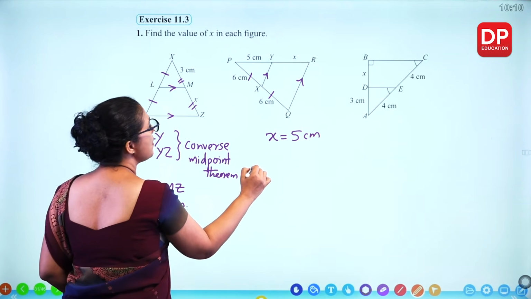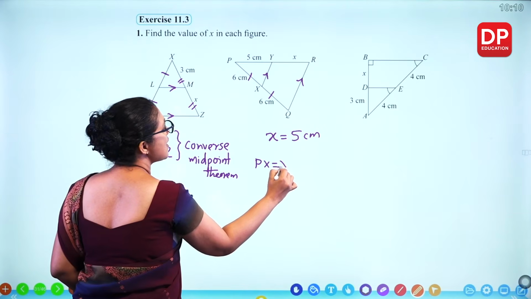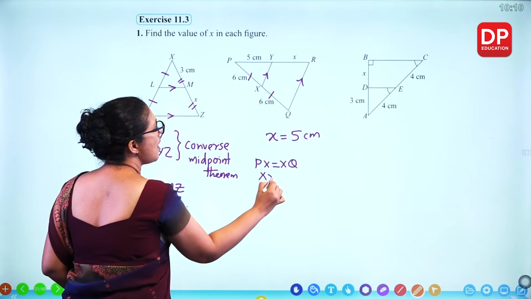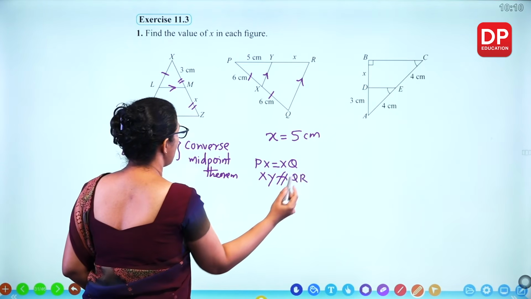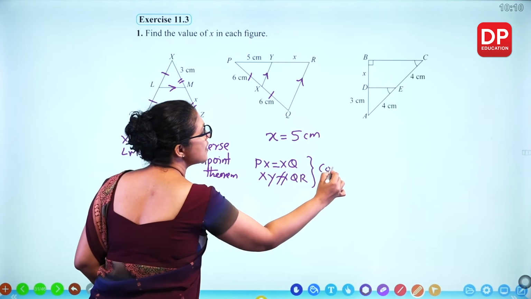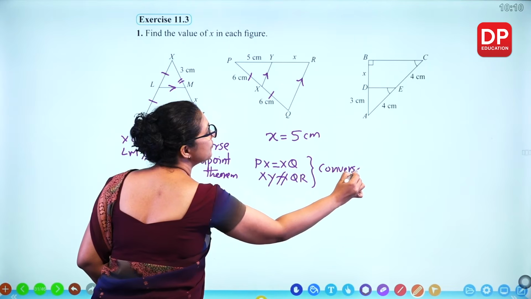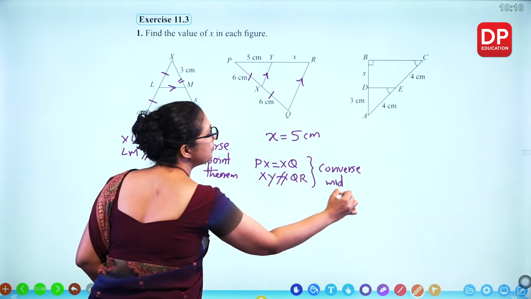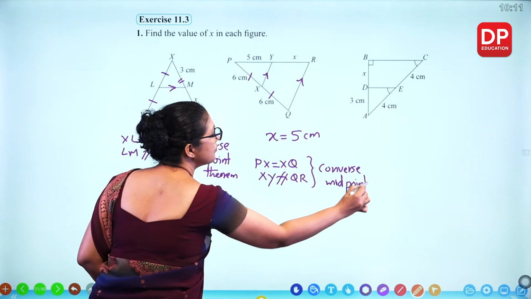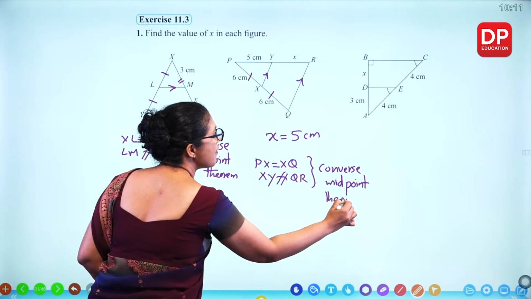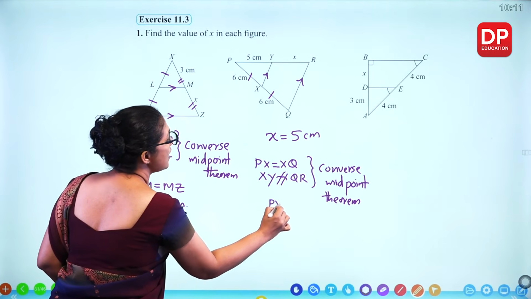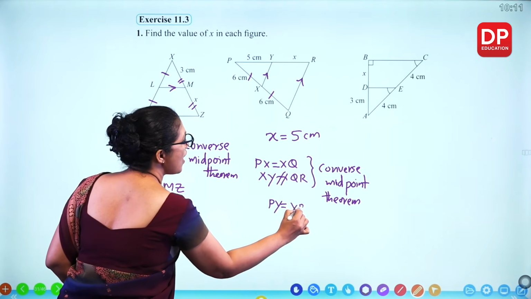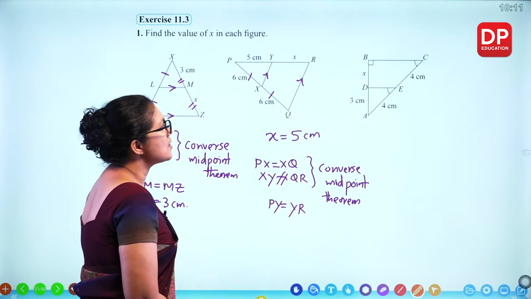So write down PX is same as XQ, XY parallel to QR according to the converse midpoint theorem. I can write PY is equal to YR. So x equals 5.